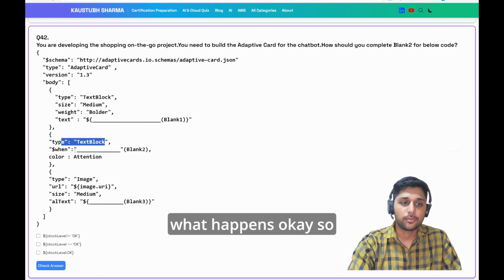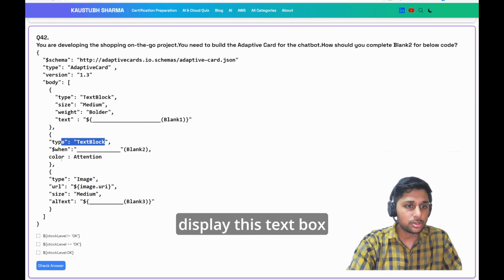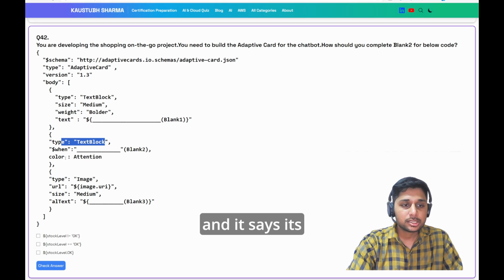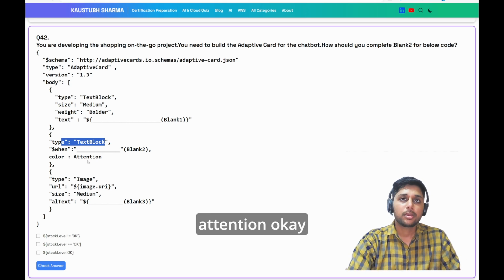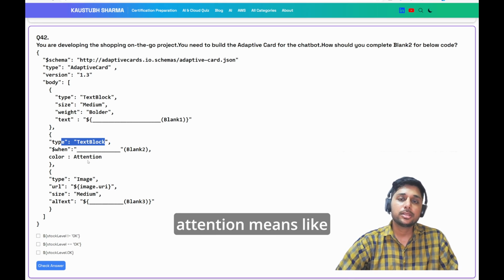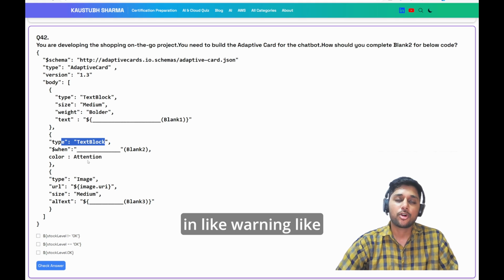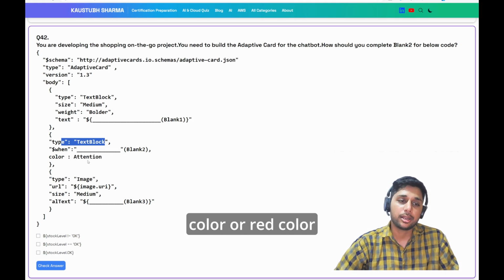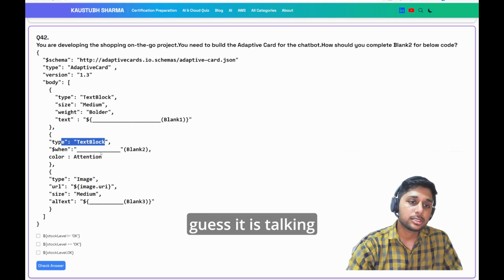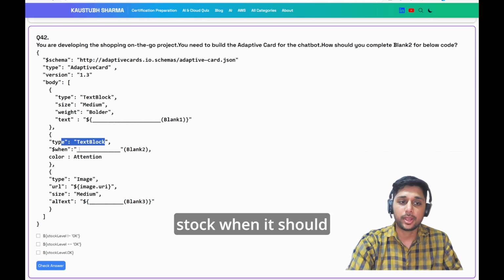When we have to display this text box, it says its color is to be attention. So we want attention, which means it should be a warning color, basically error color or red color.